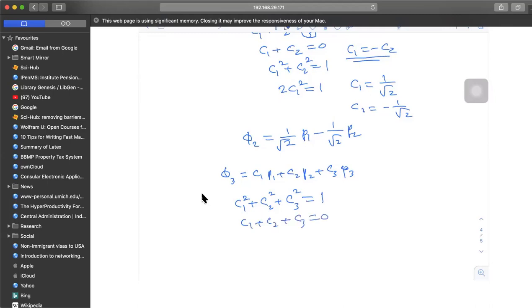This is given. And in addition, we know that this orbital phi 3, we would like it to be orthogonal to phi 2. And therefore, the orthogonality of these two, how will you guarantee it?